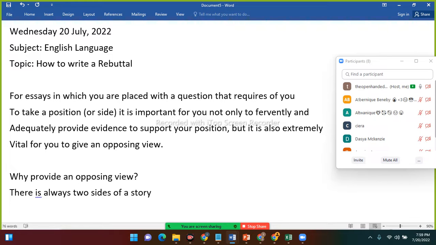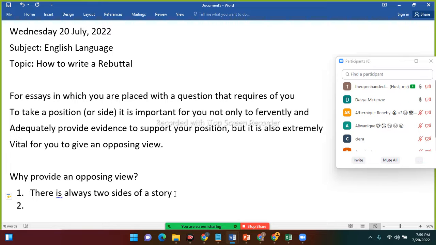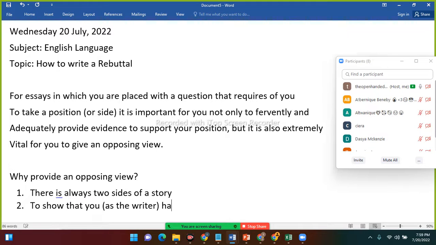Why else, Deja? Why do you think it's important to provide an opposing view? To show that you're a person that isn't an extremist, but you look at both sides of the point of view. Very good. You're a critical thinker, an equal thinker. To show that you as the writer have a balanced mind, right?